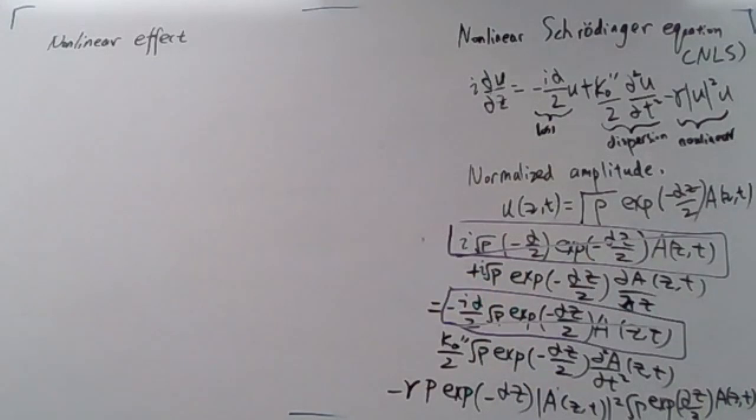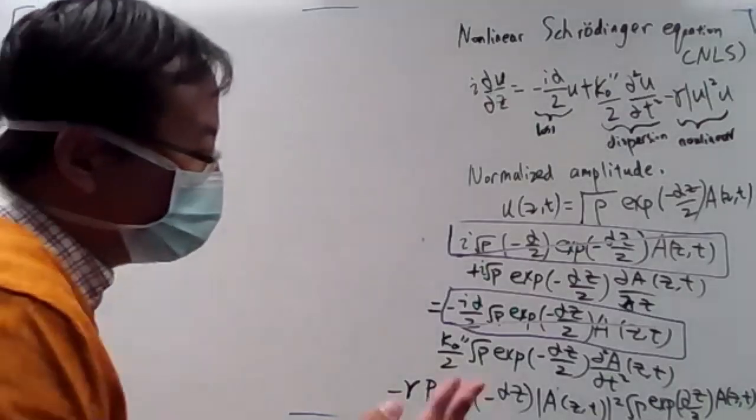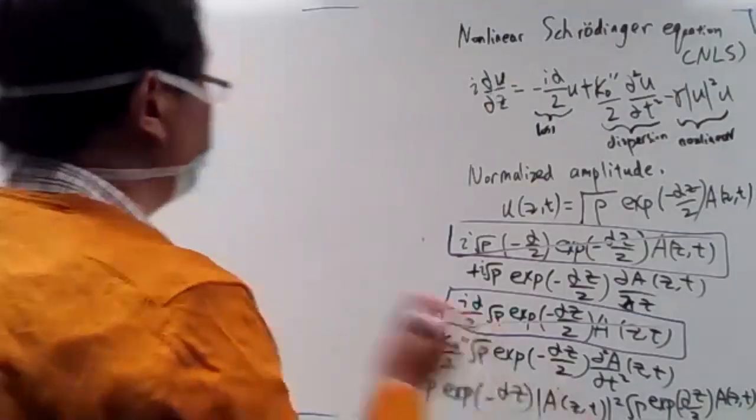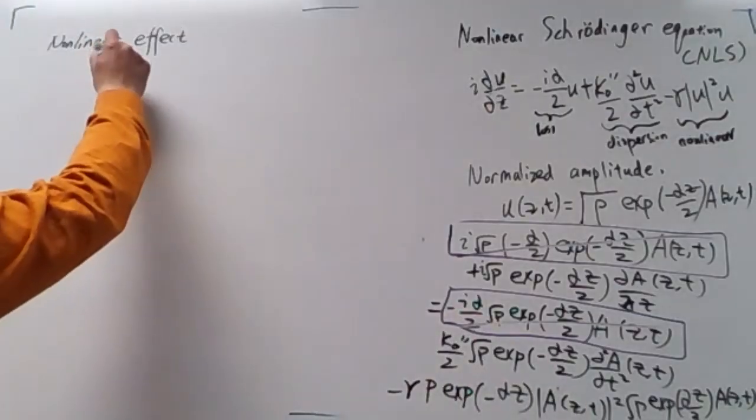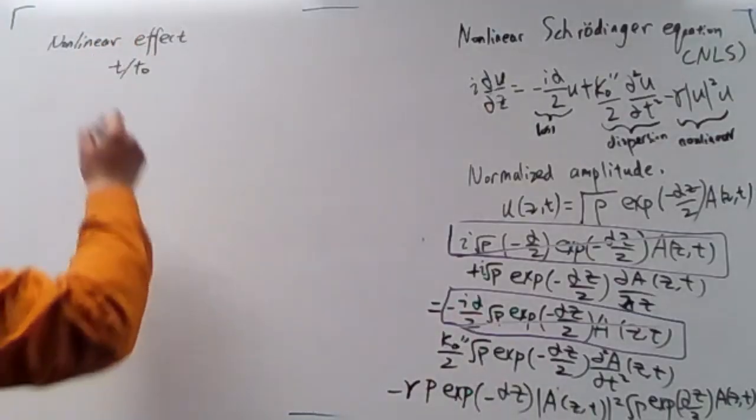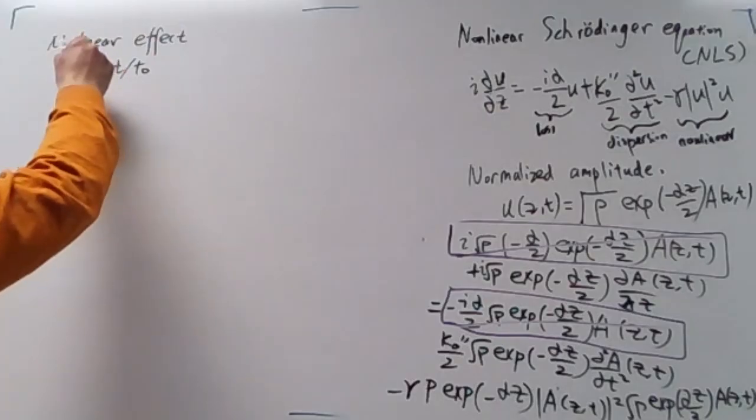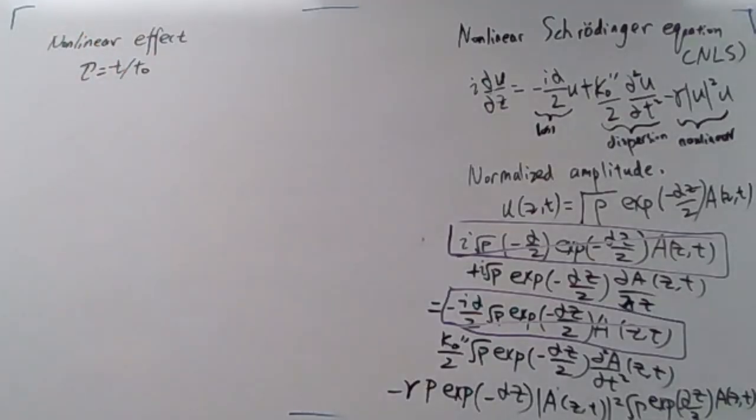At the same time, we also want to change the tau. We want to normalize the t, so we plot t over t naught. So why don't we have a new tau? Let's use a new tau.